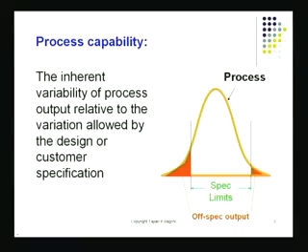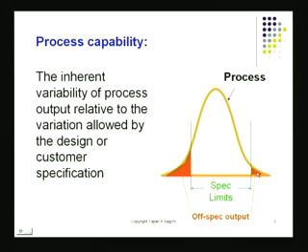That's exactly what we see in the output there. These two red regions, one to the left, the other to the right, indicate the points which are either below the specification limit or above the specification limit.